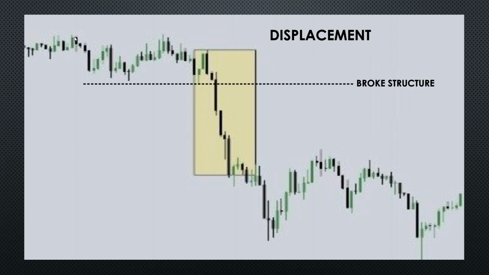In the beginning, the market is just consolidating, then suddenly we have this big drop. It broke structure, but it doesn't only break structure, it broke it with conviction, with a very strong move, displacing below it, signaling that sellers are stepping in, wanting to drive the price or the market down.